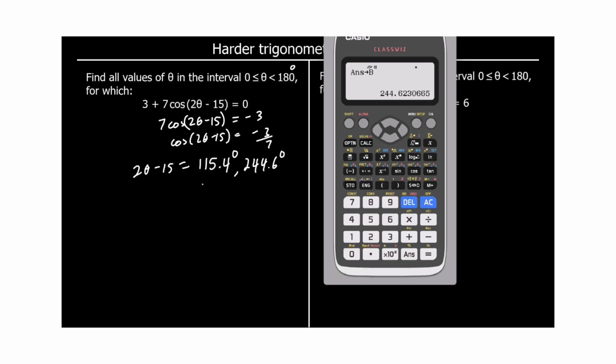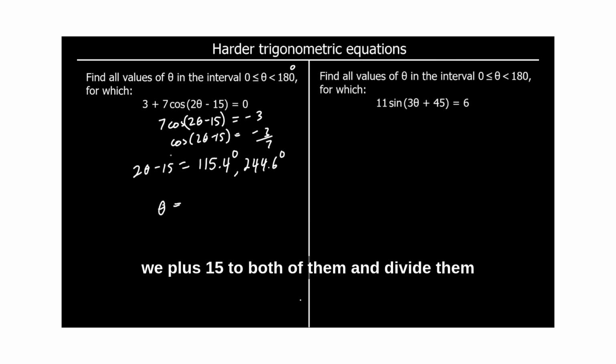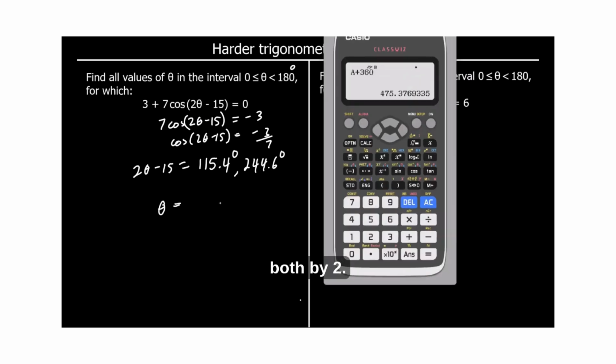If we did the next one, that would be A plus 360. And then if I added 15 and divided by 2, that'll be over 180. So we just want to get theta by itself now. So to get theta by itself, we plus 15 to both of them and divide them both by 2.